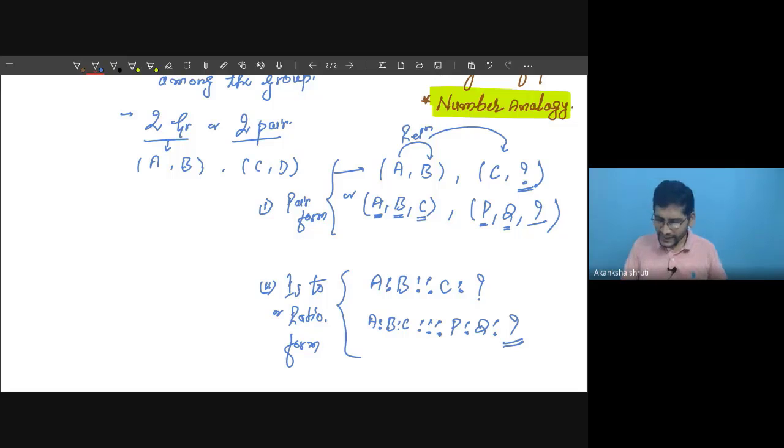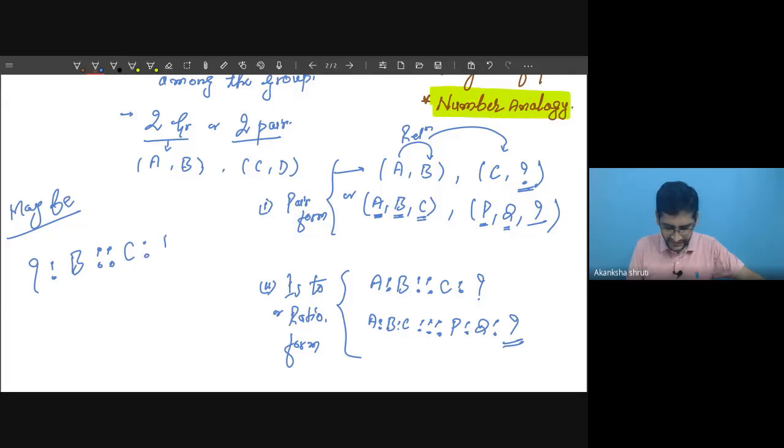Okay, students. Here I have just taken the second pair, but it may be written like this. What is the first pair? Then there is B, then there is C, and then there is D. So among these 4 elements, 3 will be given and the 4th you have to determine.